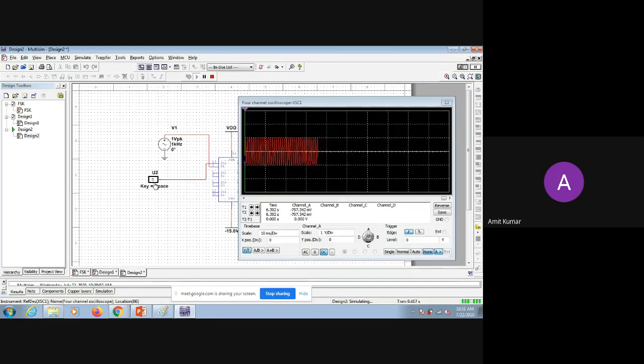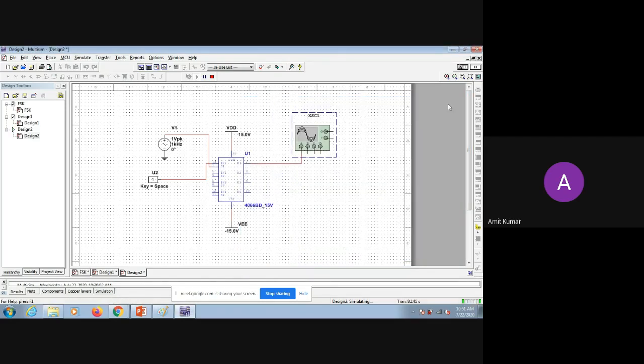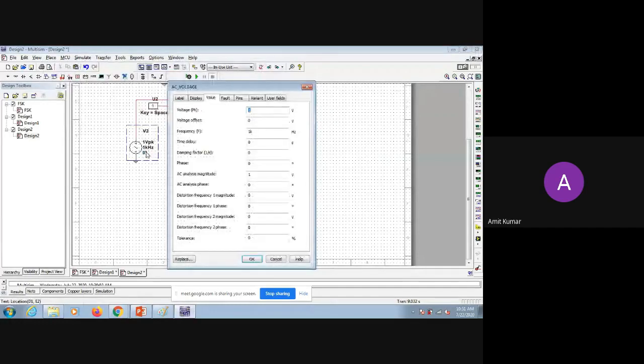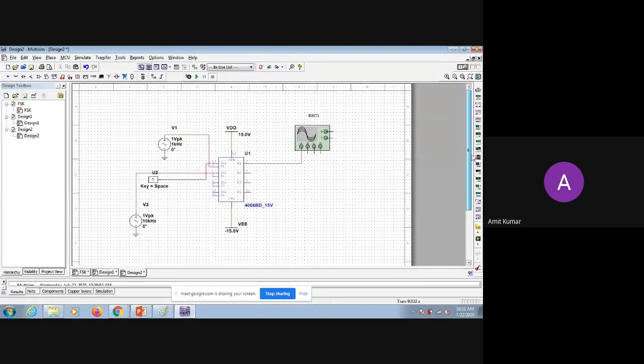Now what we will do, in the second, we will add this thing again. The same block will be available here in IN2, but with a different frequency. Instead of 1 kilohertz, we will replace it by 10 kilohertz. Now we will add an inverter here.